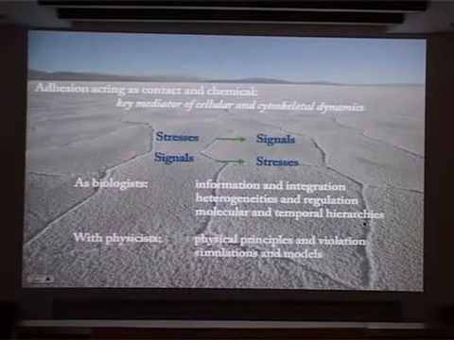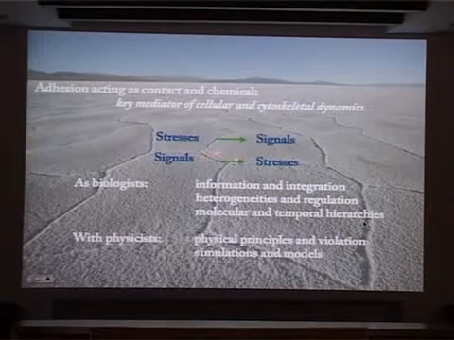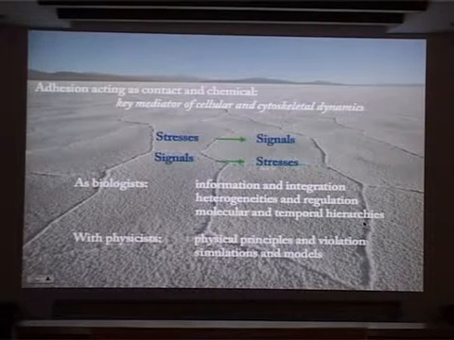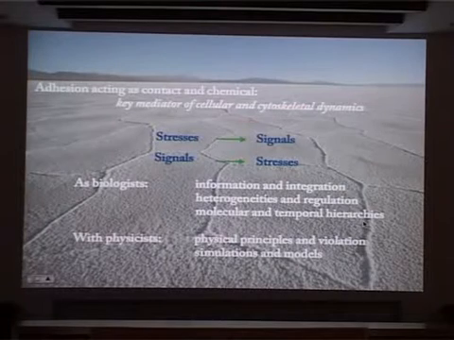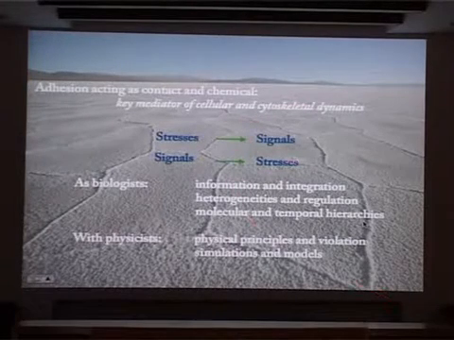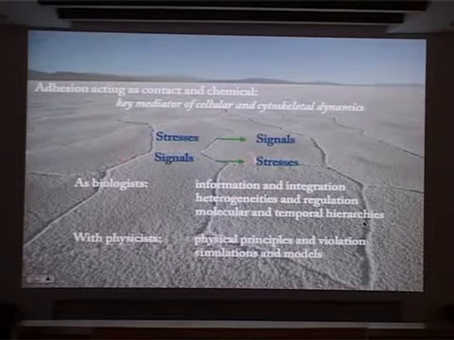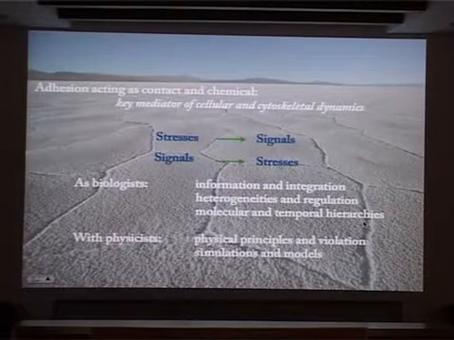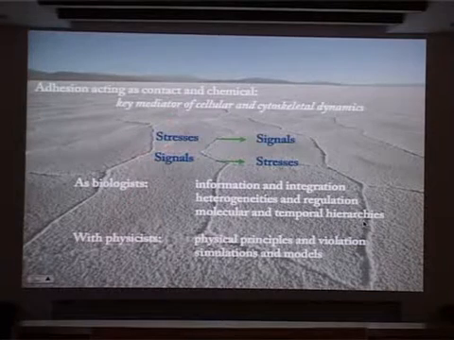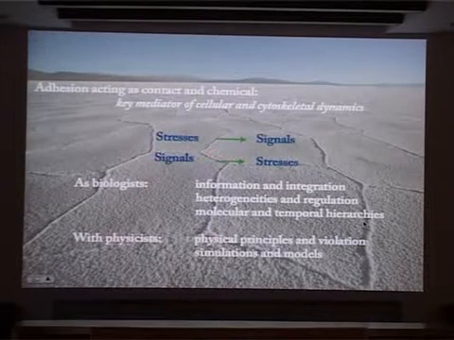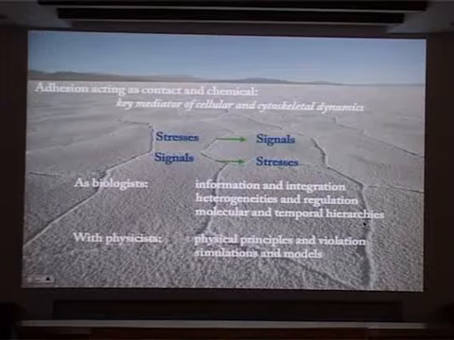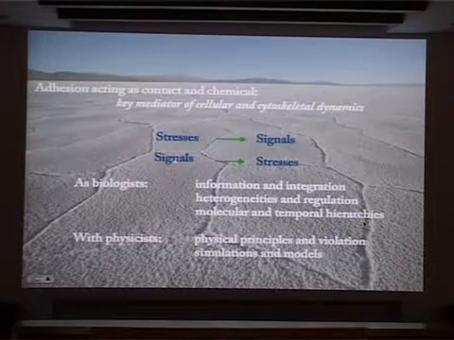And signals can also work via adhesion to influence the stresses that a cell experiences. And really working out the details of how these stresses are sensed and transduced is something that we're quite interested in doing.